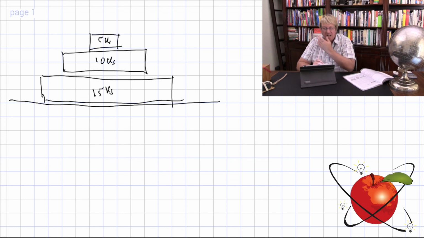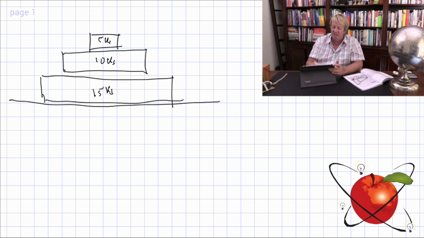And they want to know, what are the contact forces? What are the forces between? What is the total force exerted by one thing on the other thing? Let's call this cake A, cake B, and cake C. Let us find the force exerted by cake B on cake C. So we go to the interface between the two.